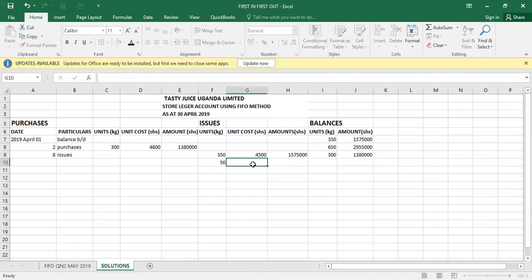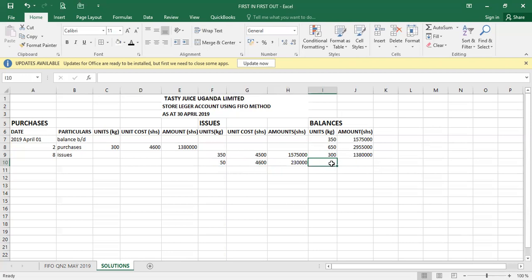Now these 50 units, since the first batch is complete, we are now going to go to the second batch. The second batch, we bought 300 units. So if we bought 300 units at 4,600, it means on that 300, we are removing 50 units at a value of that. Then the cost will be this times this, and it will give us that.